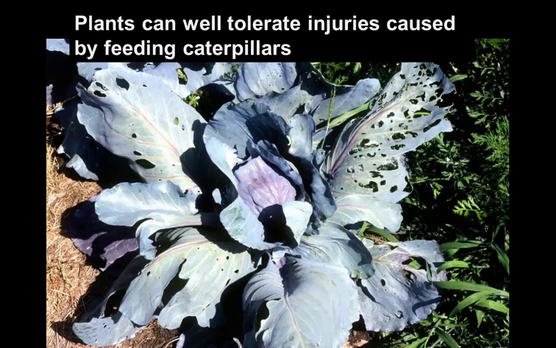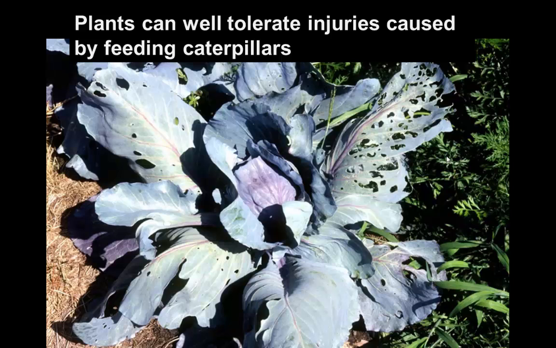But oftentimes they're not feeding on the parts we will market, particularly if we're talking about a heading vegetable like broccoli or cauliflower, or a root vegetable like a rutabaga that's also in this family. In that case, the damage is often largely confined to the outer leaves, the wrapper leaves they're sometimes called, the leaves that will help produce the main head that we'll market, but are not what we are going to harvest.